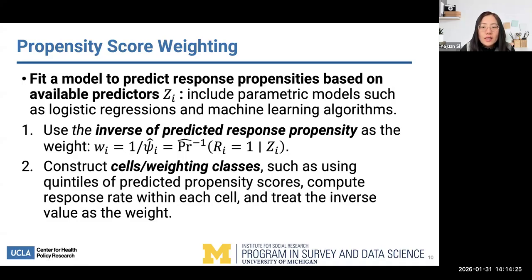Then within the weighting class, we can compute the observed response rate within each cell or use a summary of the predicted propensity as the response propensity in that weighting cell and treat that inverse value as the weight.